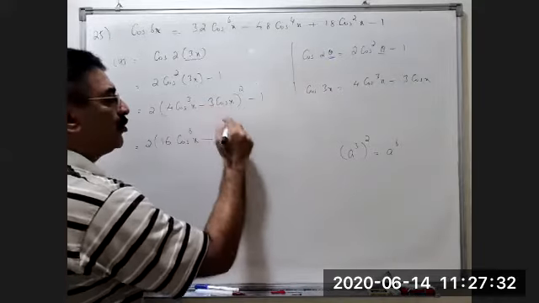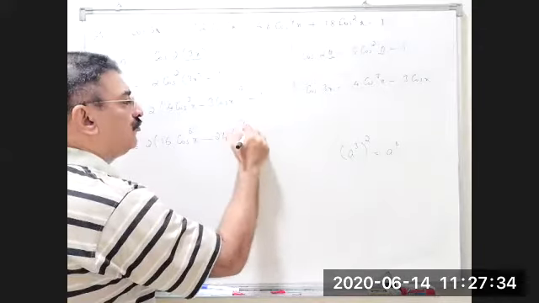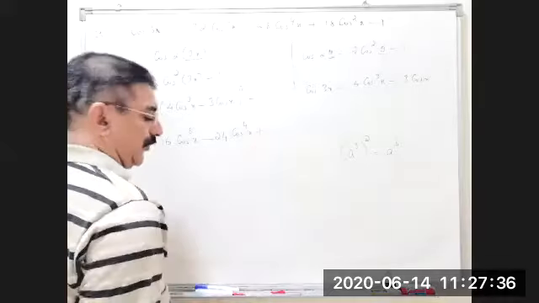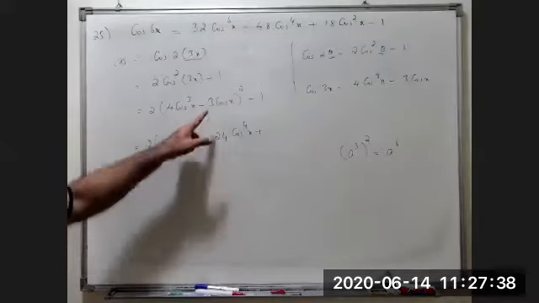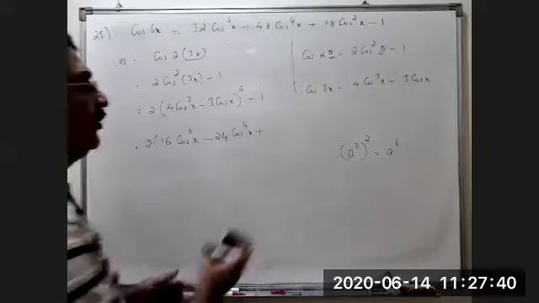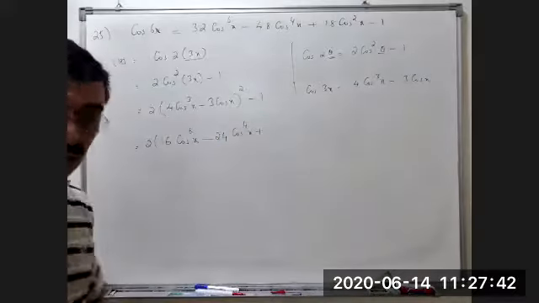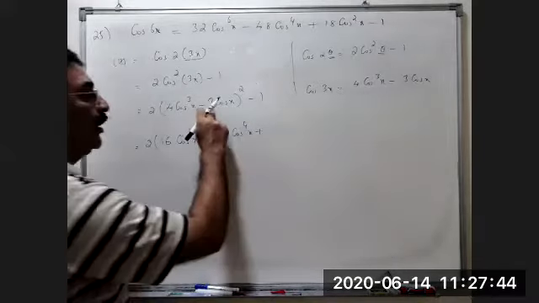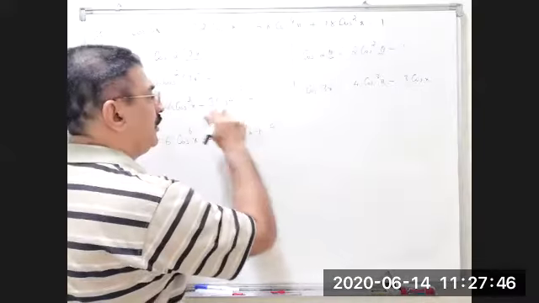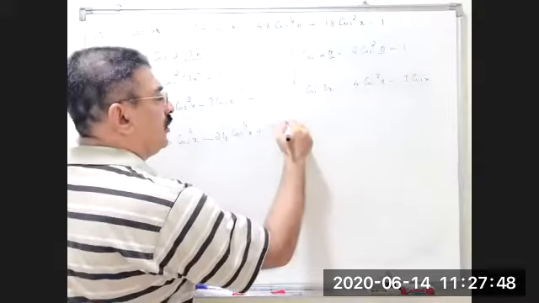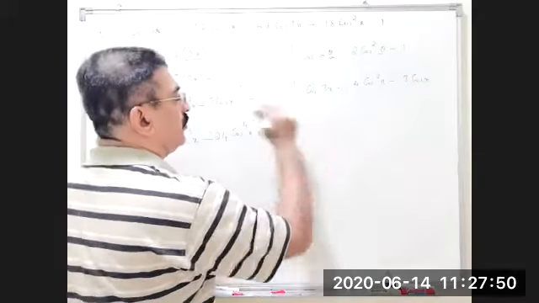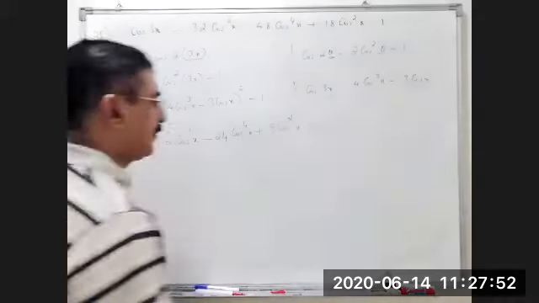Cos cube into cos is cos raised to 4x. Plus b square: b square is 3 cos x the whole square. Square of 3 is 9, square of cos x is cos square x. This minus 1 as it is.